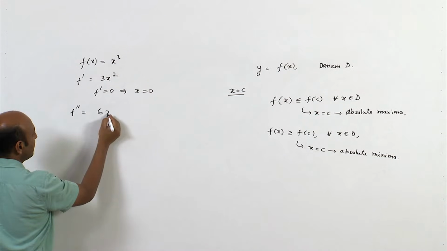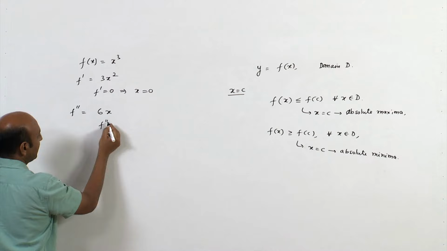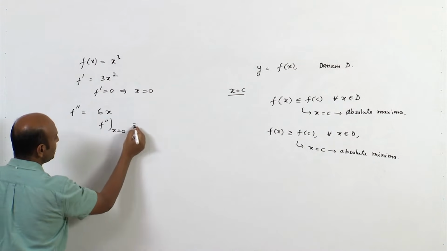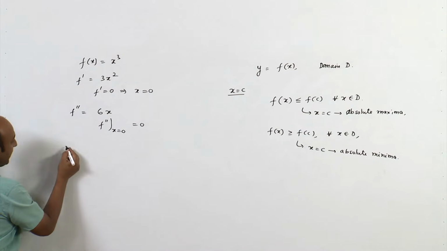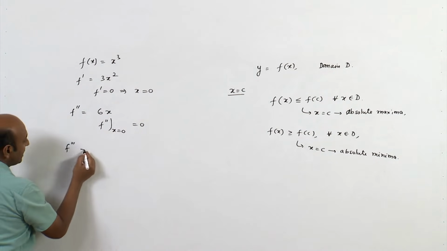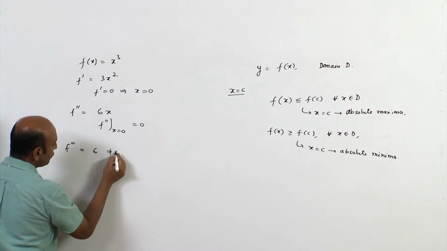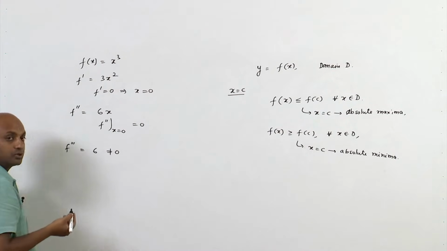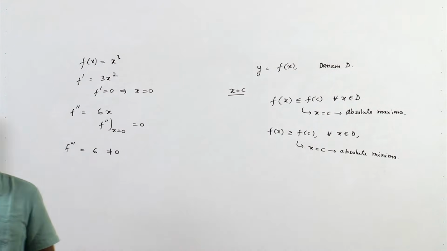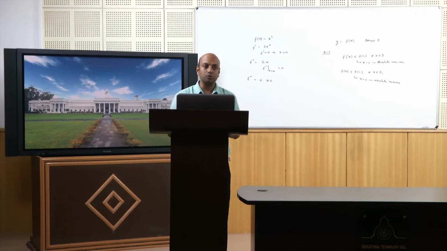The second derivative is 6x, and the second derivative at x equal to 0 is again 0. We find the third derivative. The third derivative is 6, which is not equal to 0 at x equal to 0. So, this means the point x equal to 0 is a point of inflection.